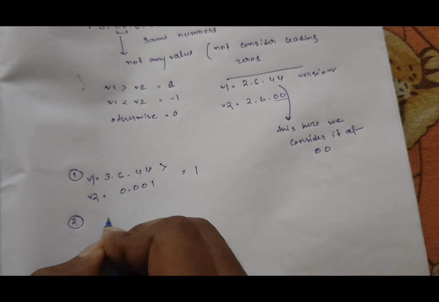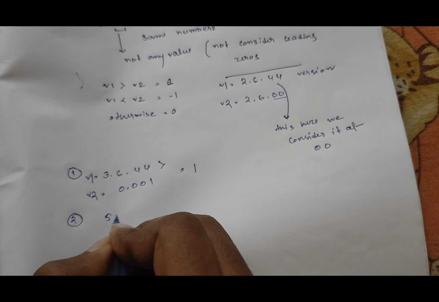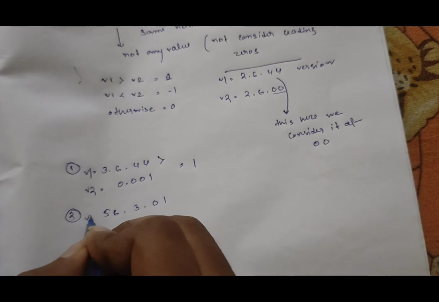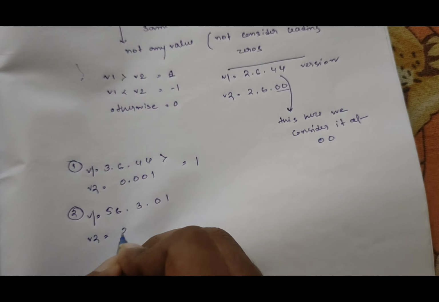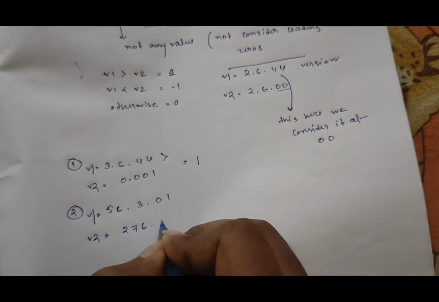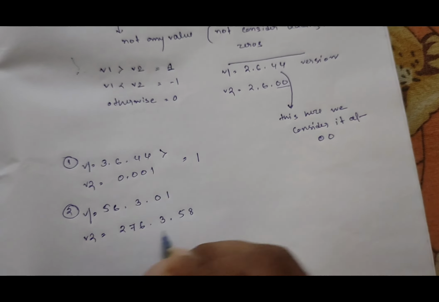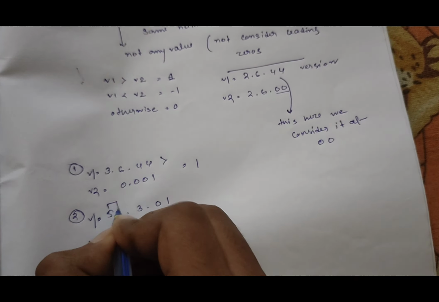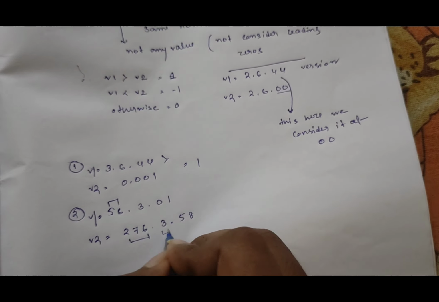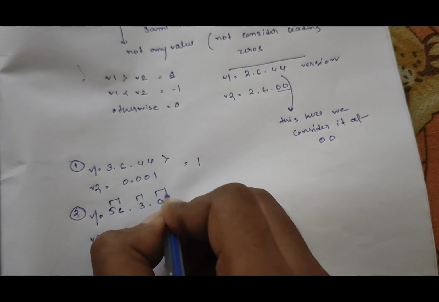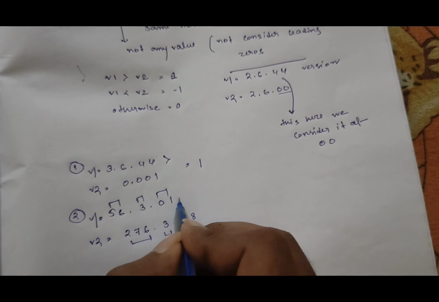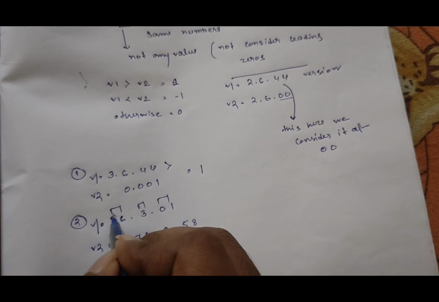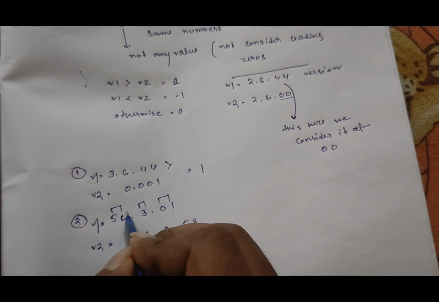In the second test case, 56.3.01 is in version 1, and in version 2 they give us 276.3.58. The full number is the version number, and the numbers between the dots are the revisions.